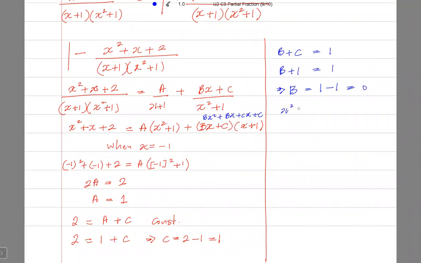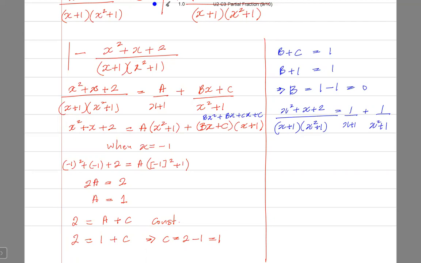So x squared plus x plus 2 over x plus 1 into x squared plus 1 is equal to a, which is 1 over x plus 1 plus c, because remember b is 0, so therefore bx would still be 0, and c is 1 over x squared plus 1.